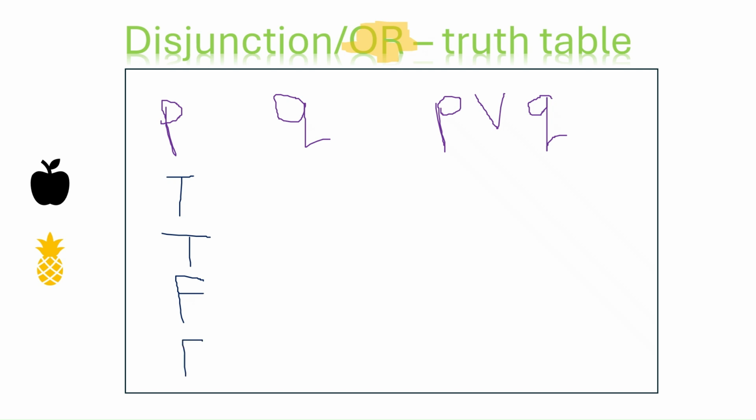Okay, this would be true, this would be false, this would be true, and this would be false. Okay, if two statements are true, P and Q, it'll always be true. All right, but when I'm dealing with preferences, you always want to think of you may or you may not.